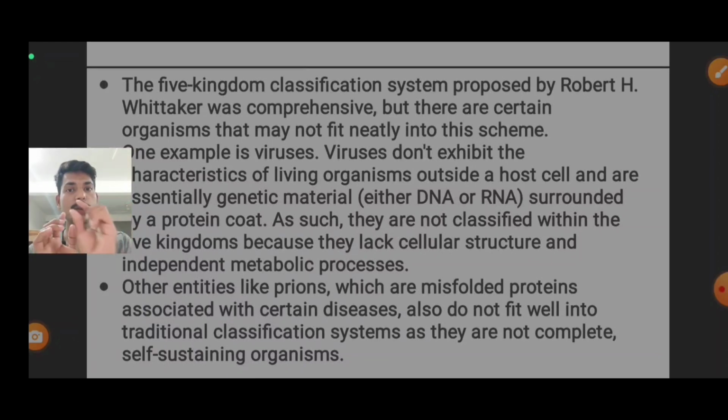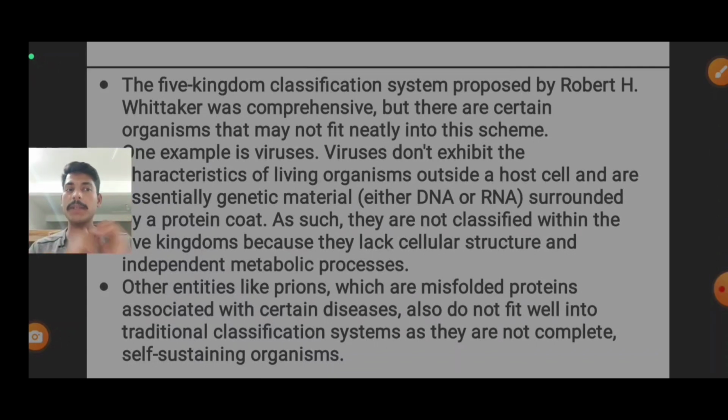They have only the nucleic material, we can say the genetic material, but they don't carry any type of cell organelles like mitochondria, Golgi body, ribosomes, centrioles, nothing. They don't have any cell wall, and they don't have cytoplasm. So Whittaker thought they don't fulfill his criteria, then how could he classify these viruses?